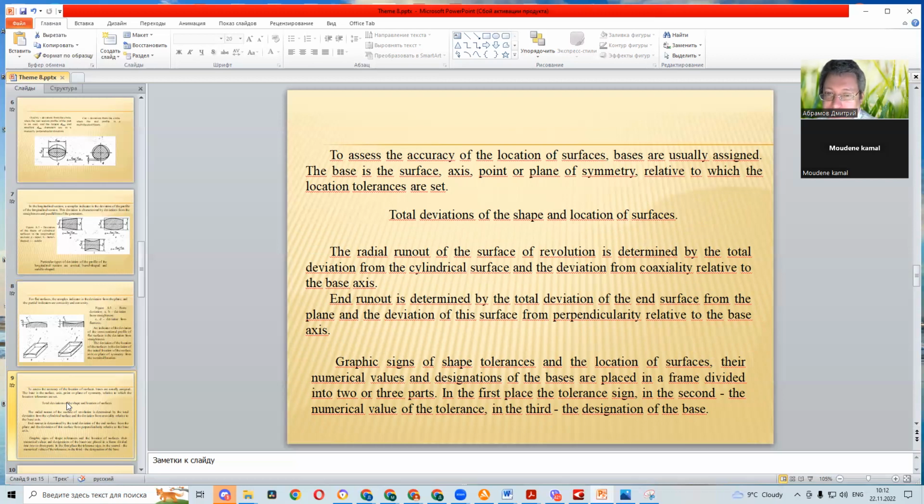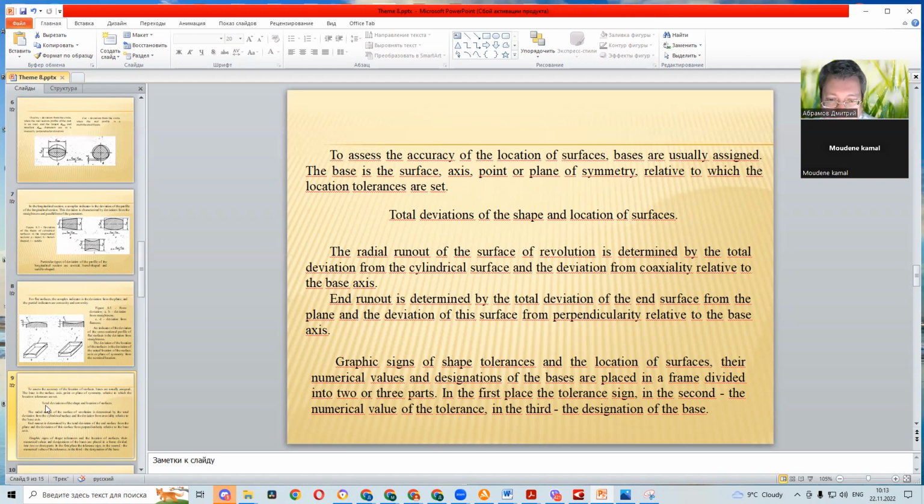Total deviations of the shape and location of surfaces. The radial runout of the surface of revolution is determined by the total deviation from the cylindrical surface and the deviation from coaxiality relative to the base axis.